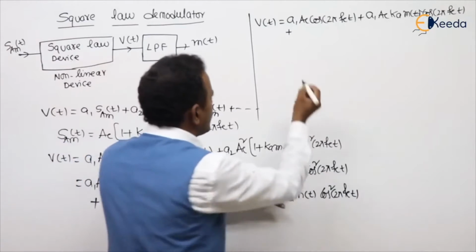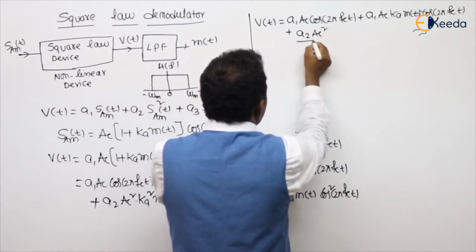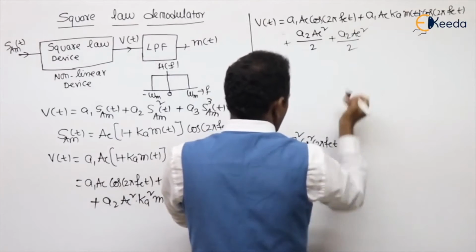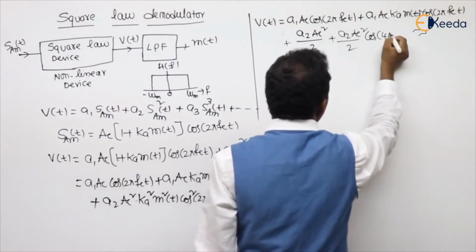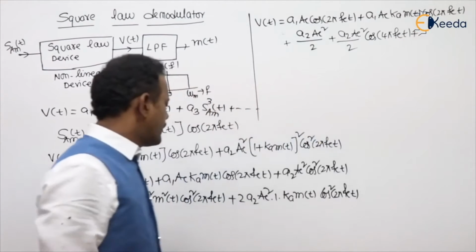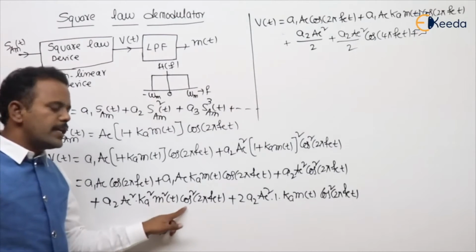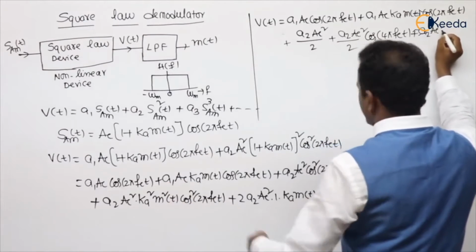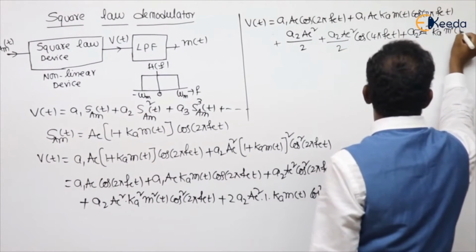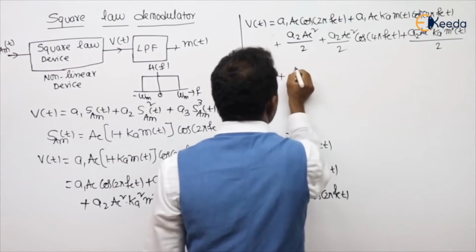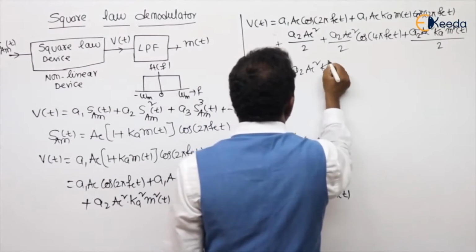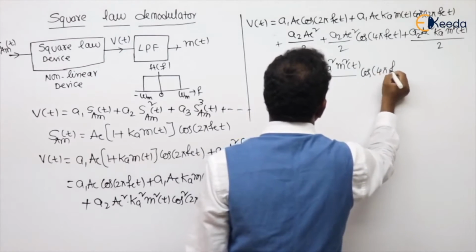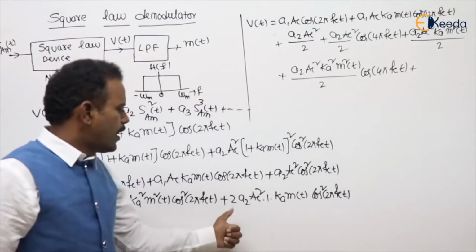So the 1 by 2 I am writing separately: A2 Ac square by 2, plus A2 Ac square by 2 into cos 4 pi fc t. Plus, see the next term, cos square is the same thing: A2 Ac square Ka square m square of t by 2, plus A2 Ac square Ka square m square of t by 2 into cos 4 pi fc t.